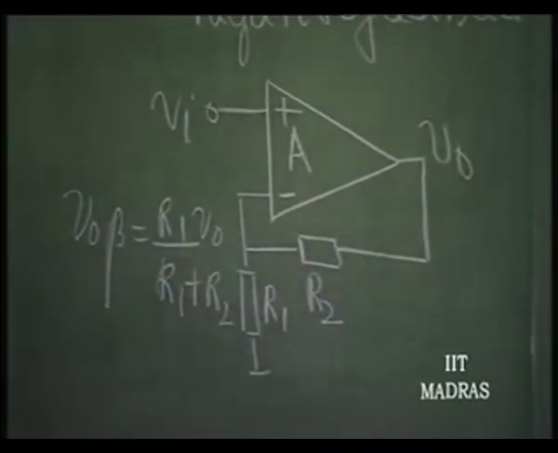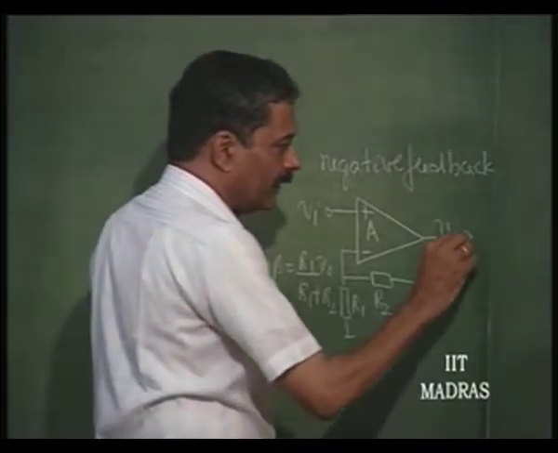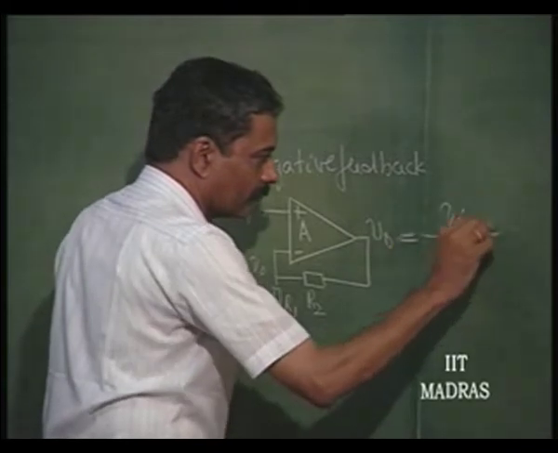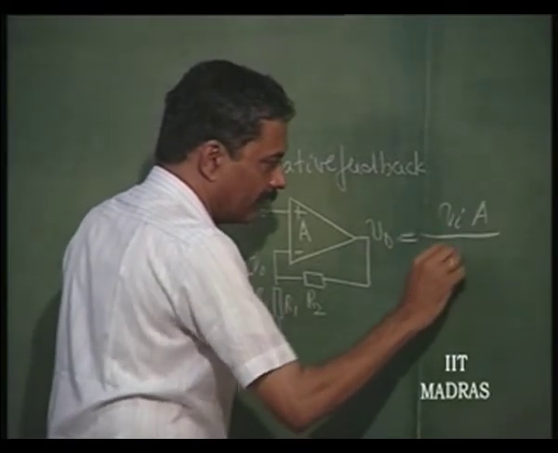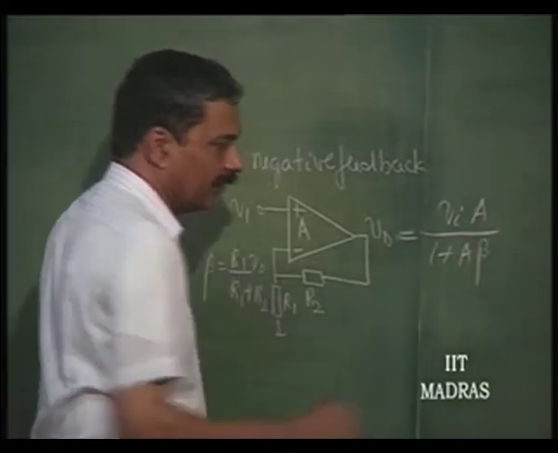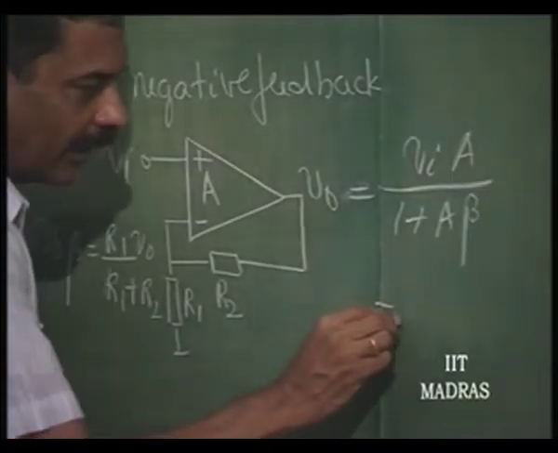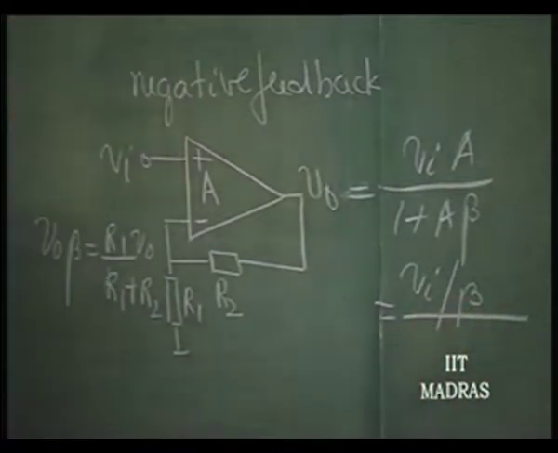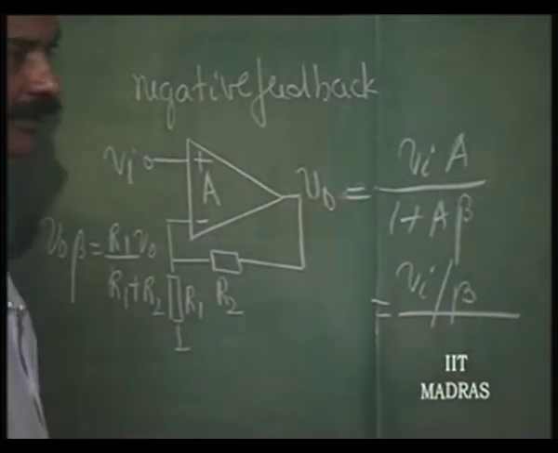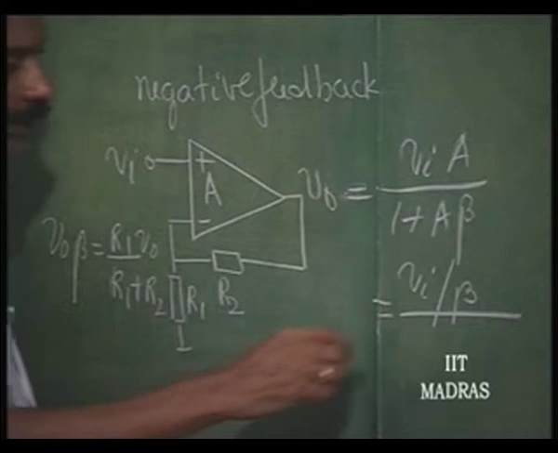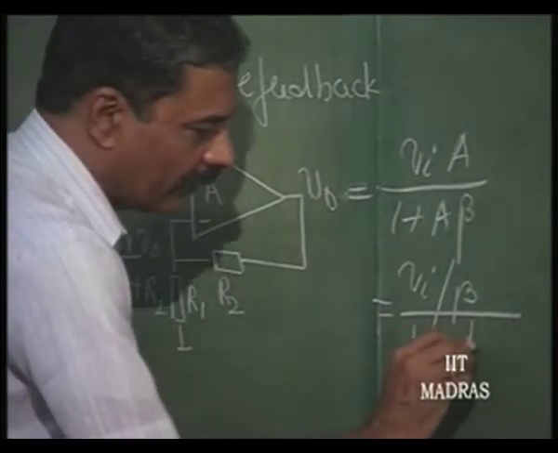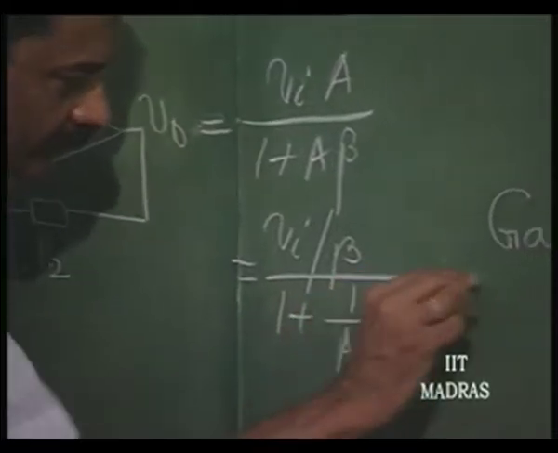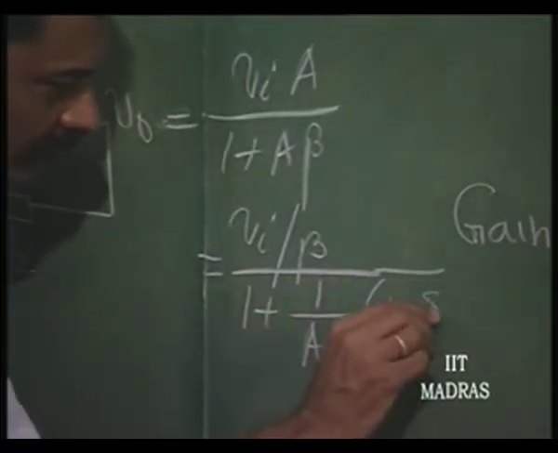This is the amount of output fed back to the input. Then we know that the amplifier gain is going to be A divided by 1 plus A beta. This we had demonstrated earlier, or this is written as V I by beta, which is the ideal gain under the situation A goes to infinity, divided by 1 plus 1 over A beta, which is 1 over A naught beta times 1 plus S by omega d.